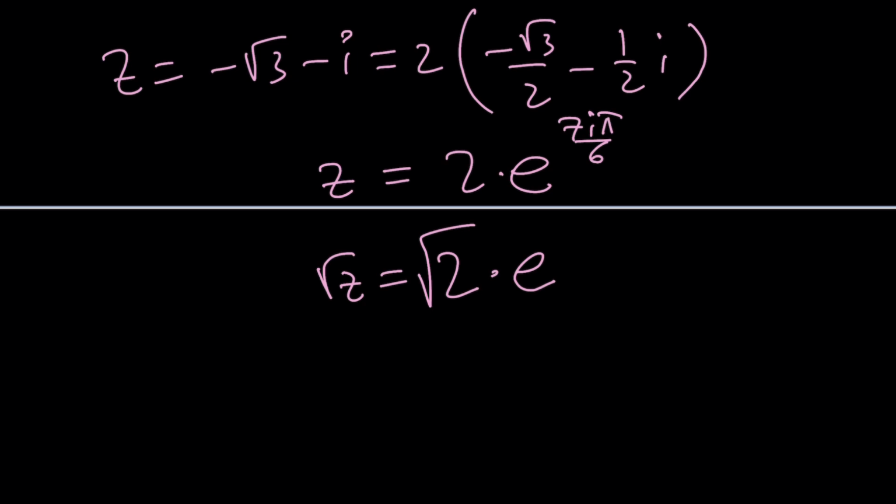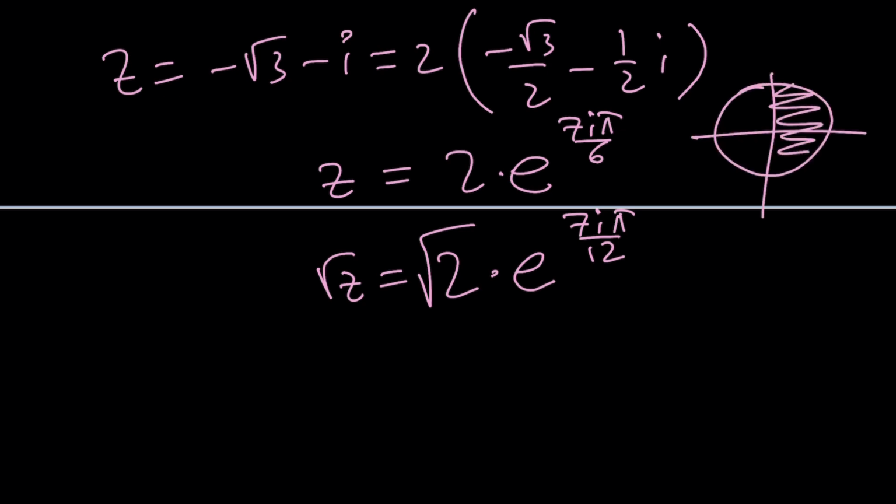7i pi over 12 is going to be greater than pi over 2, so it's not going to be where we want it. Remember, we want our square roots to be here in order for them to be the principal square root. In other words, with a positive, what is that called? Positive real part, yes.